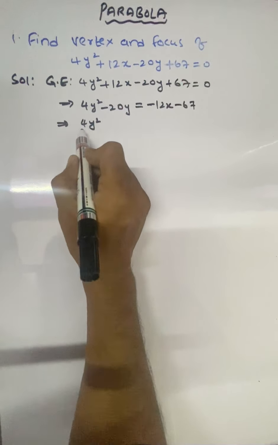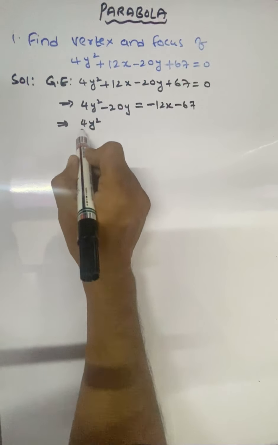We take half of the y coefficient, but first we should not have any coefficient with y square. Y square does not have anything. Then whatever coefficient of y is there, take half of that with positive value, 5 by 2, then take the square and add on both sides. So you will get y square minus 5y plus 5 by 2 square equals minus 3x minus 67 by 4 plus 5 by 2 square.